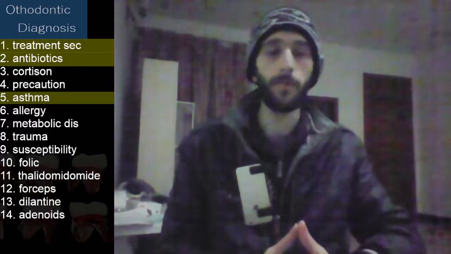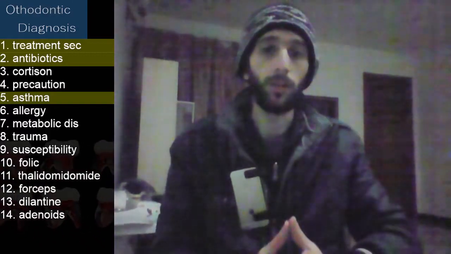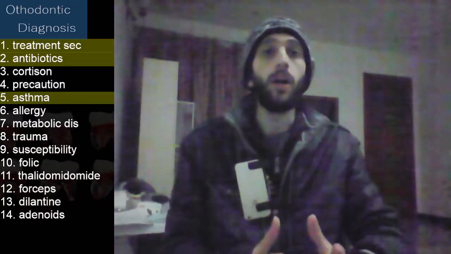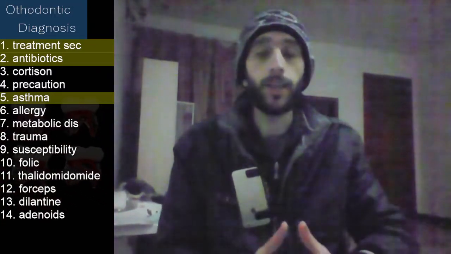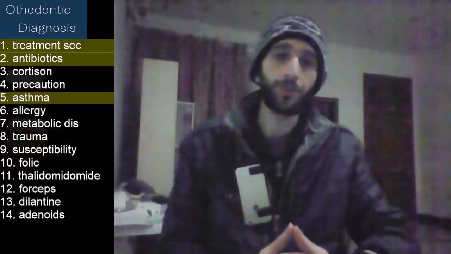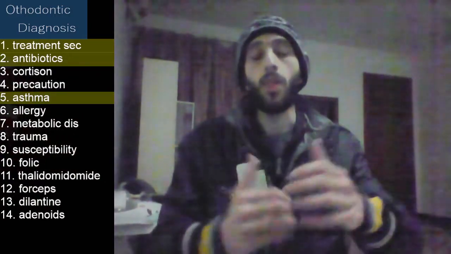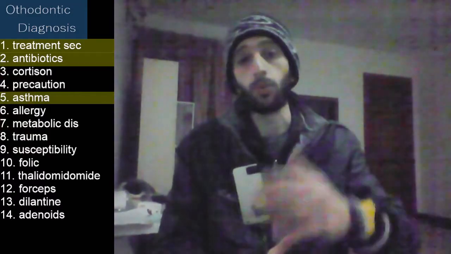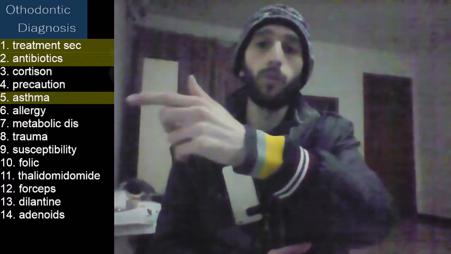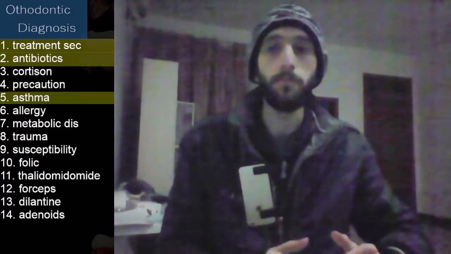With asthma patients, we have to be careful, because those patients could be negatively affected by orthodontic treatment, as it could cause resorption of the root, an increased chance of root resorption in asthmatic patients.